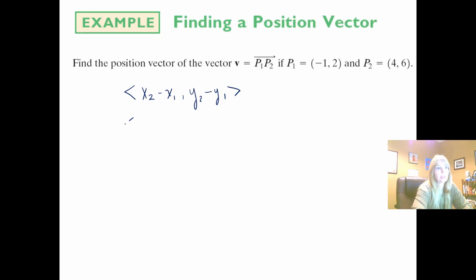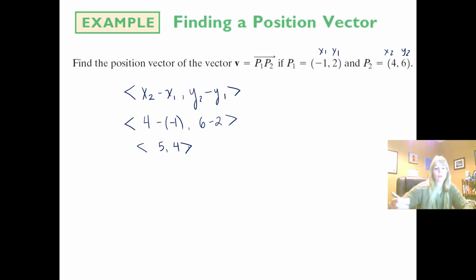In this case, that would be 4 minus -1. So notice x1, y1, x2, y2. And then 6 minus 2, which would give me (5, 4), which would be my position vector.